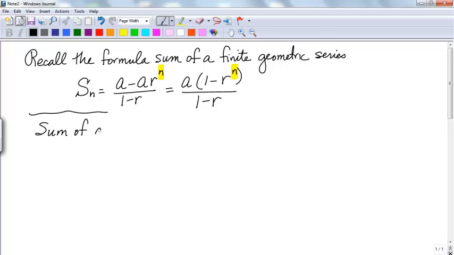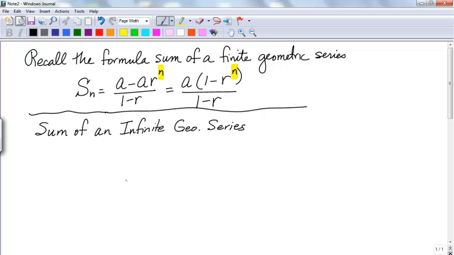Okay, today we're going to talk about the sum of an infinite geometric series.